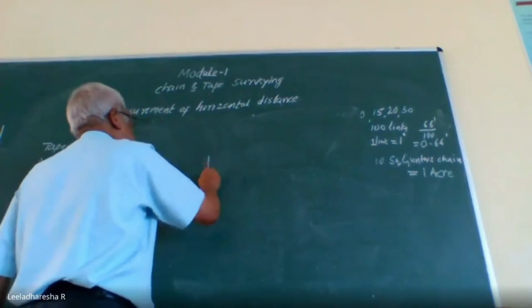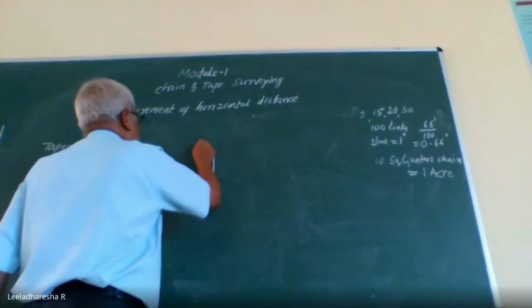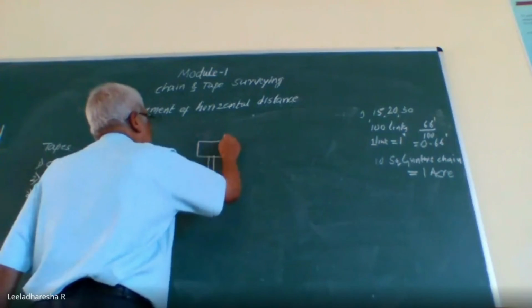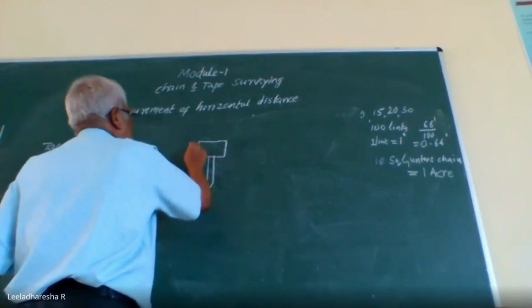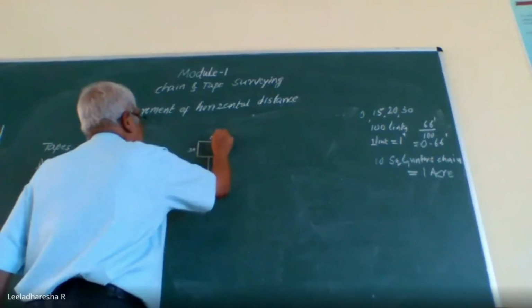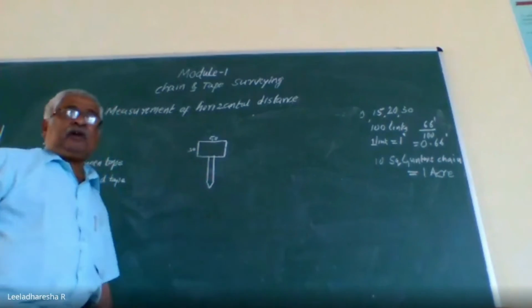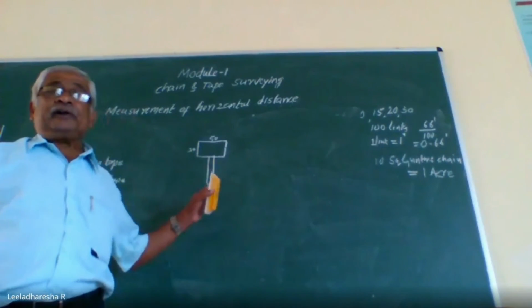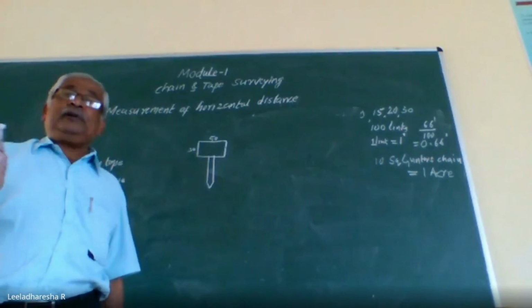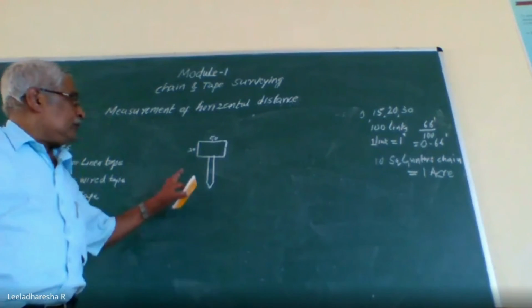It will again have a sharp edge to drive into the ground, and a board will be there, which is 30 by 50 centimeters. This dimension is 30 centimeters and this dimension is 50. So, you can use these plaster slabs for recognizing the points on the ground when the points to be laid are very far from each other.